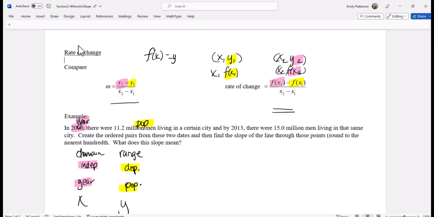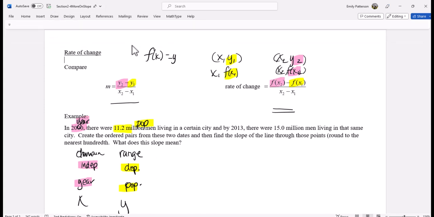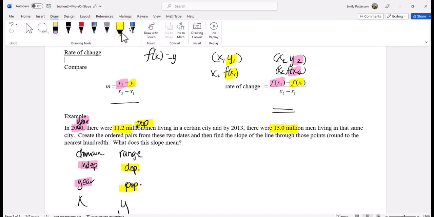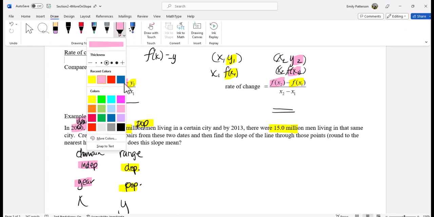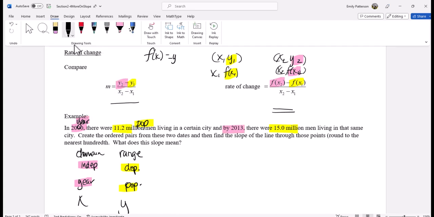When we're calculating the rate of change, we're going to calculate the change between two certain situations. So we had the population at 2000, and then we also had the population at 2013, which is again that other dependent value. So what we can do is set up our function values, or our points, if you will.